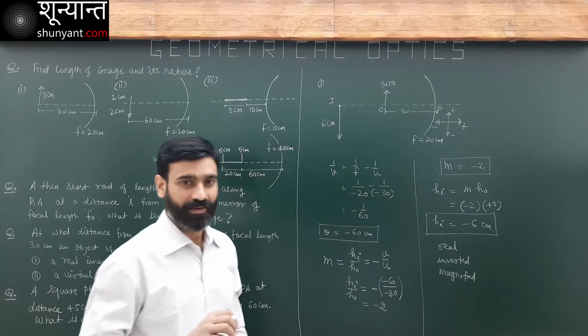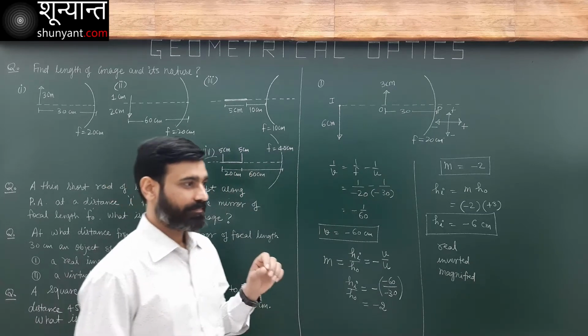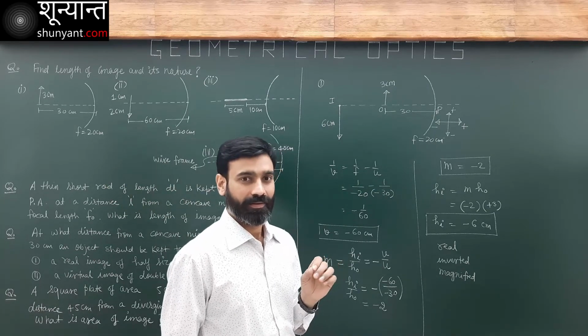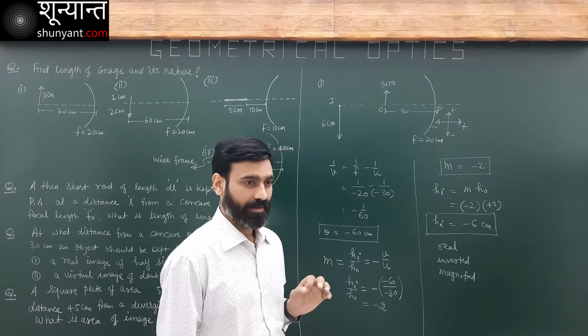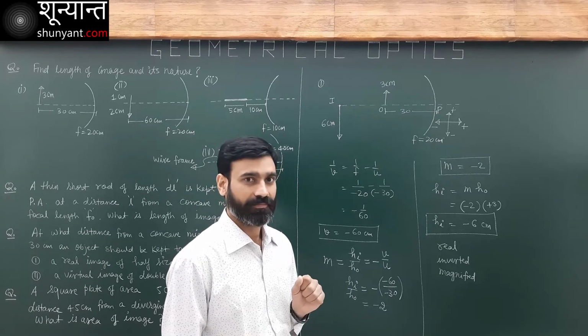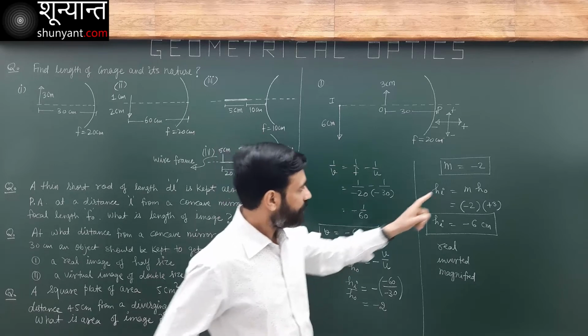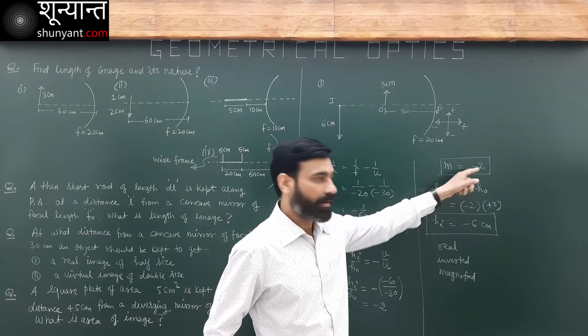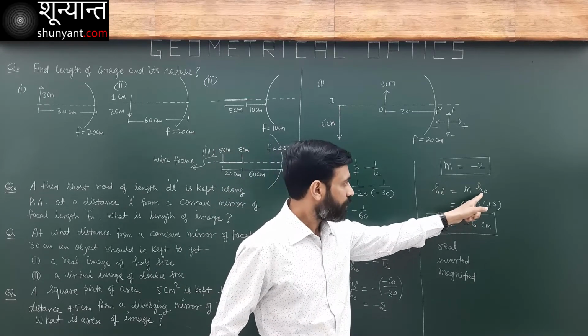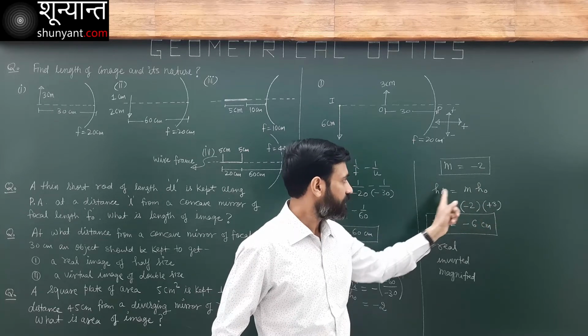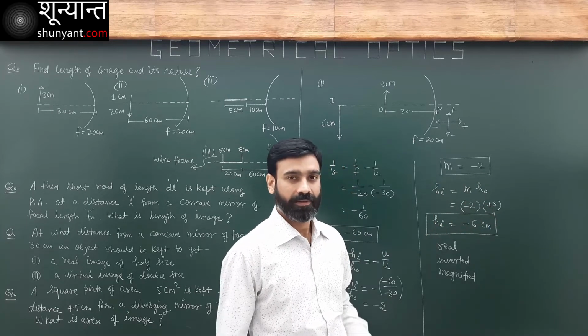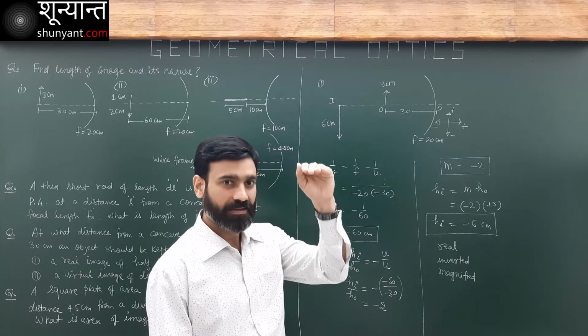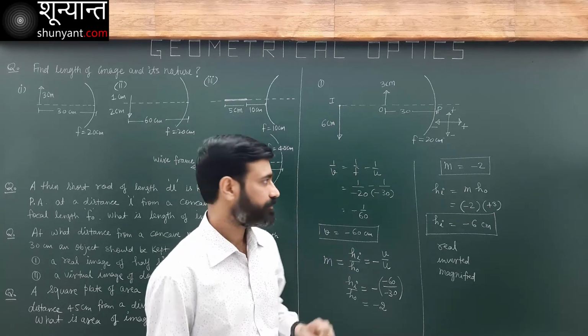By the way, try to understand this very, very clearly. What is the meaning of the minus sign here? If height of object is positive, height of image will become negative. That means if object is above the principal axis, image is going to be below it.